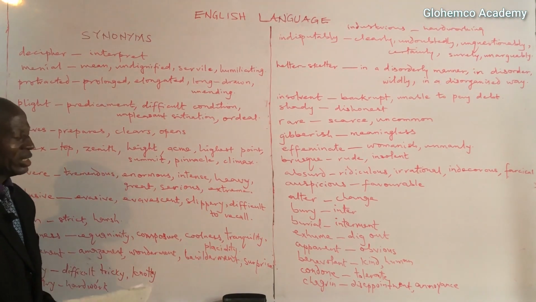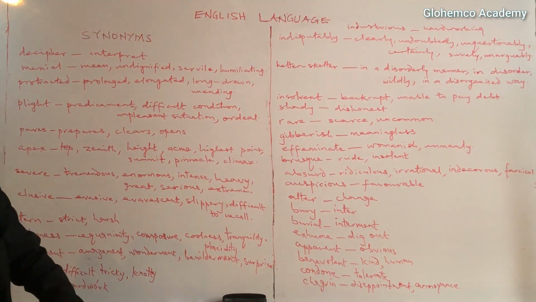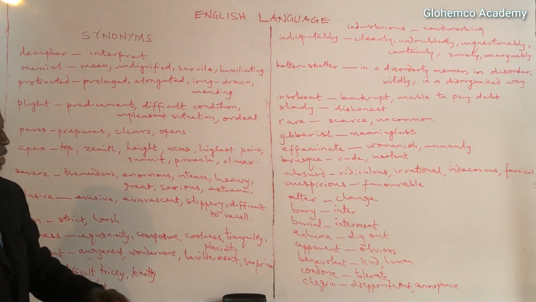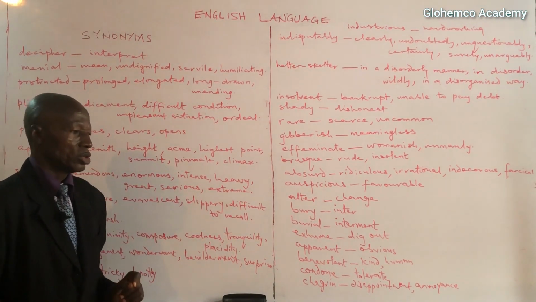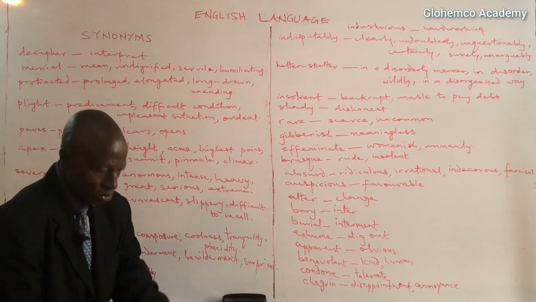But he wasn't sick. So we want to find out what killed him. Now, they can ask them to go and exhume the body. To exhume the body means to dig out.